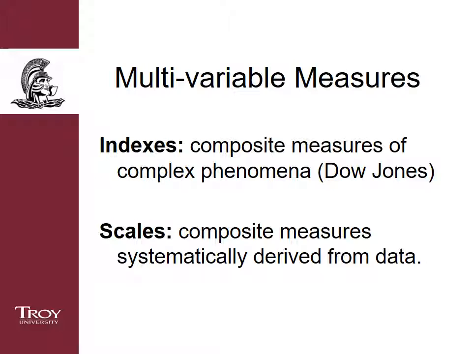There are different types, but the key thing to keep in mind between a scale and an index is that an index is a judgment call of a bunch of things put together to come up with a number. A scale is a judgment call with an assist from statistics in some way to clear out measures that are coordinated and whether or not they actually are measuring the same phenomena. So there's a little bit more statistics involved in those.